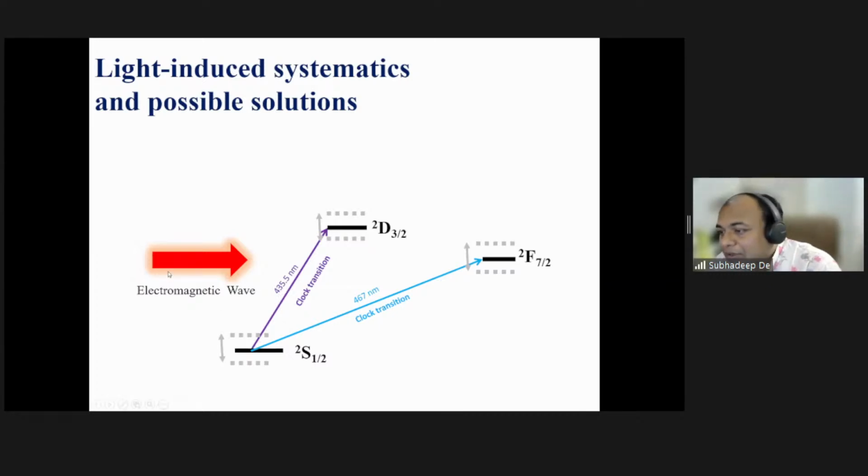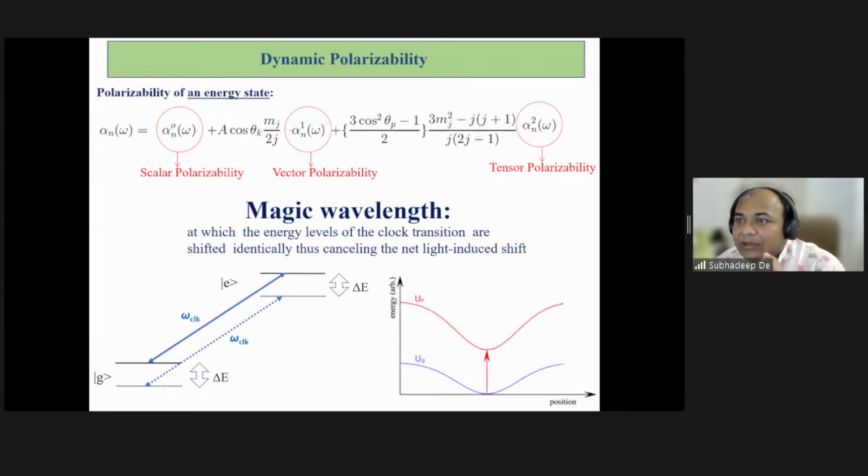As I already explained, if you are using a very high power laser, then these levels will be perturbed from their original position, and that's due to the Stark shift. Now, if you look into the polarizability expression, then polarizability, due to multipole expansion, will have several terms. The terms are scalar polarizability, then vector polarizability, then tensor polarizability, and so on.